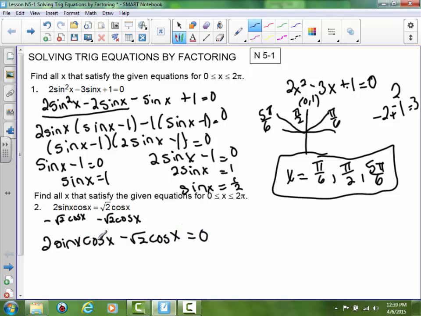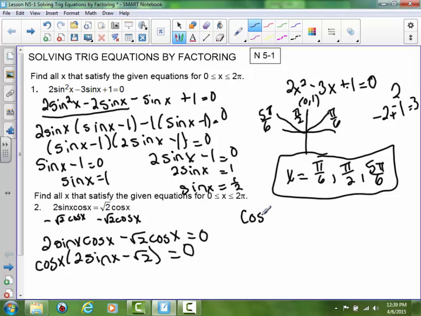Now we look for common GCF. They both have cosine x, so we're going to factor that out. And we're left with 2 sine x minus the square root of 2. Won't factor anymore, so we break them apart.